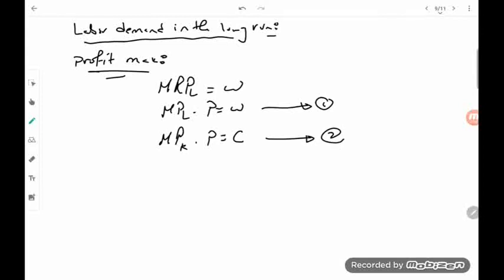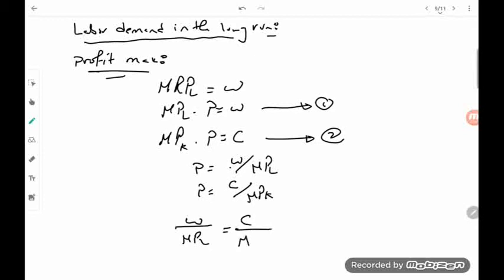We can rearrange the equations so that price equals wage divided by marginal productivity of labor, and the price equals cost of capital divided by marginal productivity of capital. So this means that the profit maximizing condition is wage divided by marginal productivity of labor is equivalent to cost of capital divided by marginal productivity of capital. So this is the profit maximizing condition.